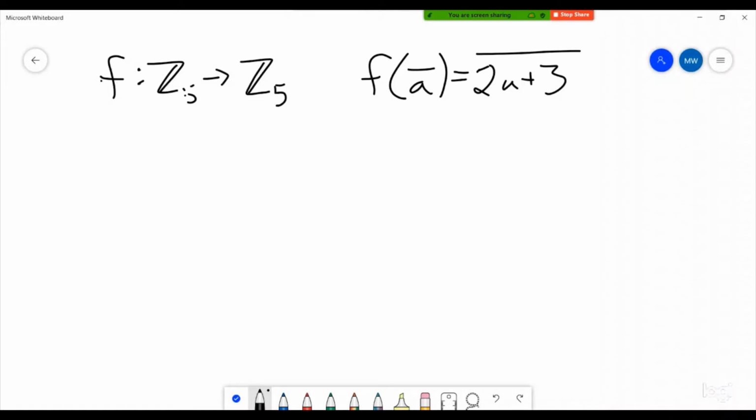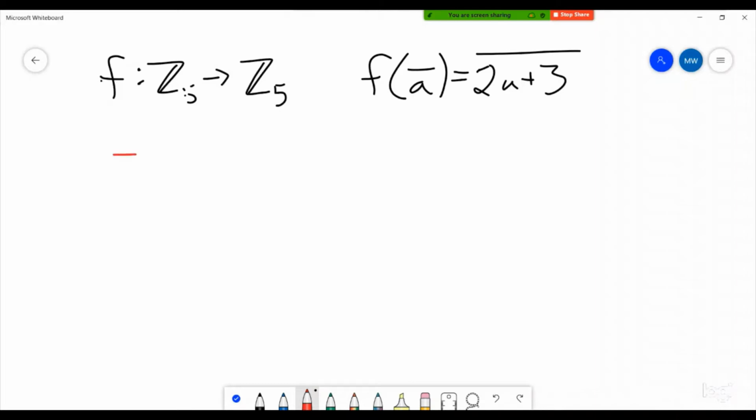Okay. So to start by proving that something is well-defined, that is proving that f is a function and not just a relation. Because a relation, you can have the same element mapped to multiple points. In a function, every element has to map to exactly one point. And anytime we are dealing with the integers mod 5, there's a bunch of different ways to write the same value every single time.